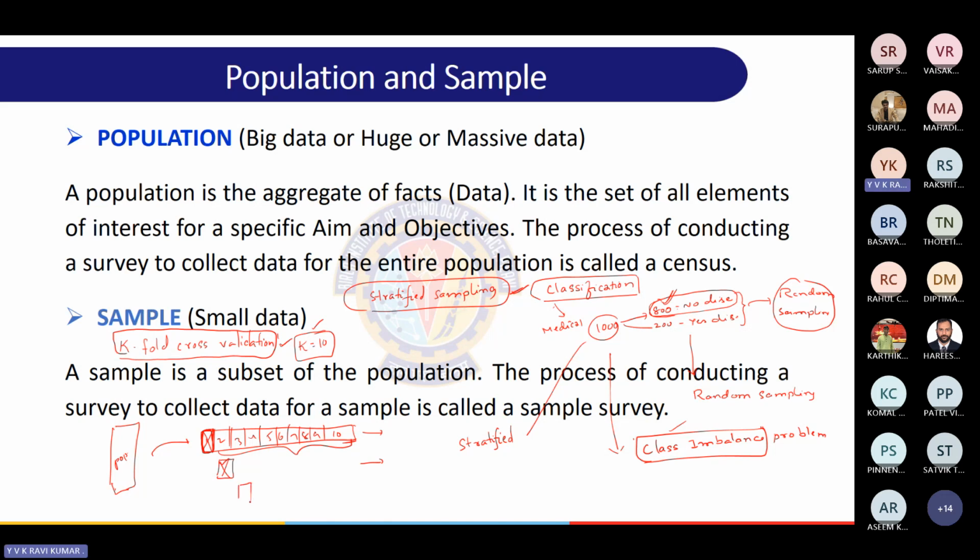Then take the third part, train with this data, test on the rest. This is what is called k-fold cross validation. Why I am saying this, even though it is a topic for later, is that here is another case where we use sampling, right? From the population, we have to have 10 samples.